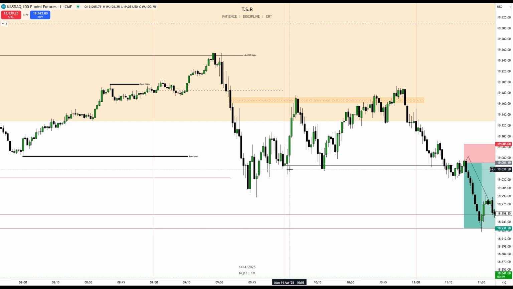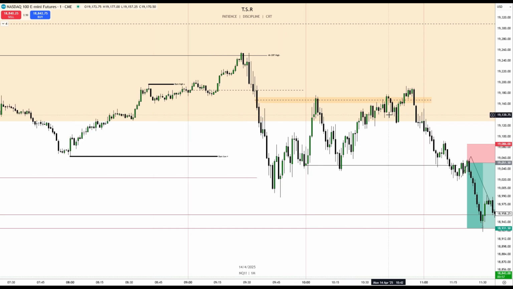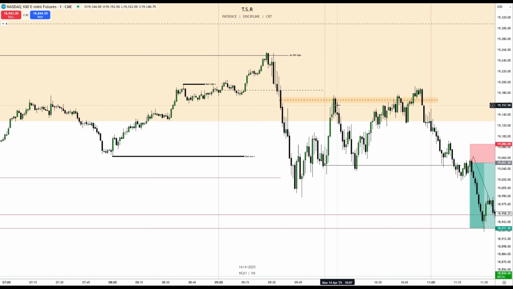What I want to see to confirm the bearish thesis is a retracement to the upside like we're seeing here, and then expansion displacing the opening level. If price was going to do that here, the entry would have formed here. However, it took a little bit longer than that.